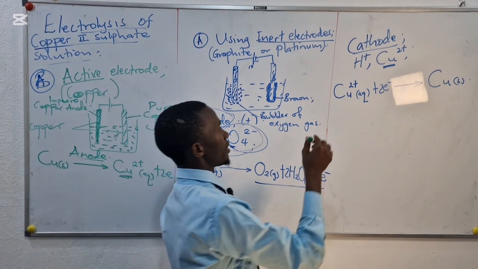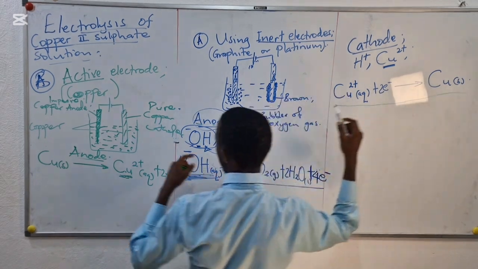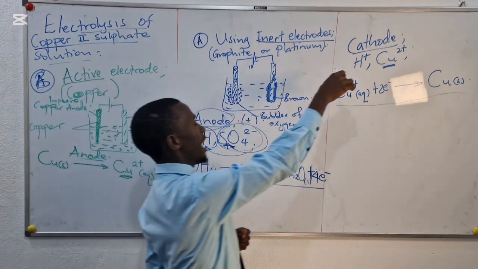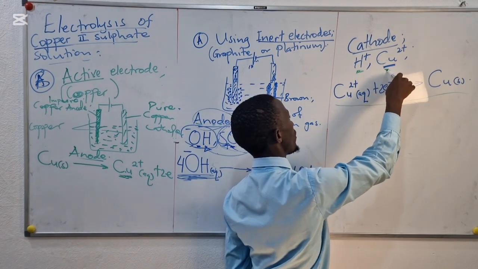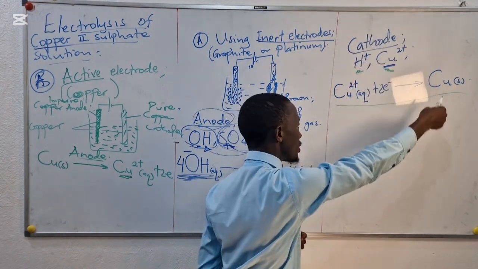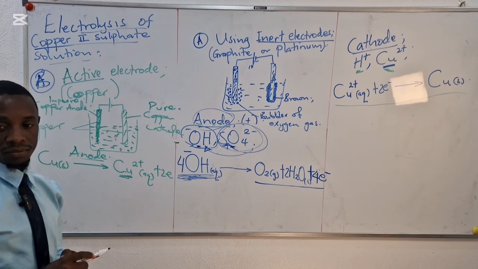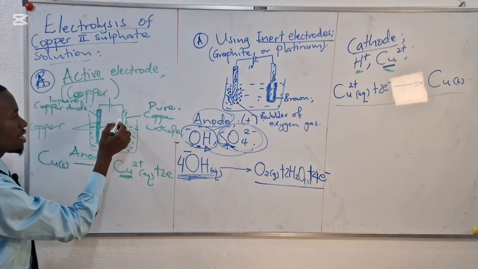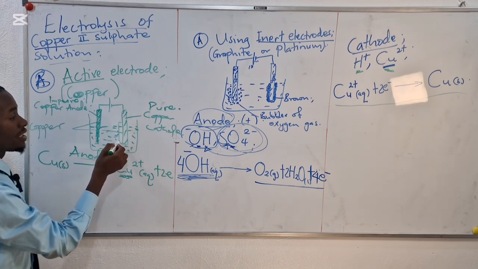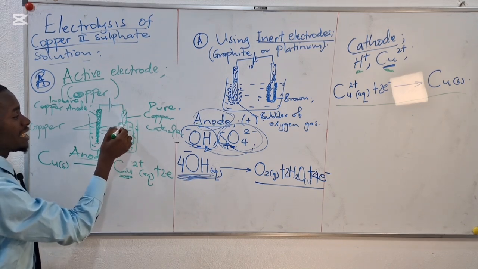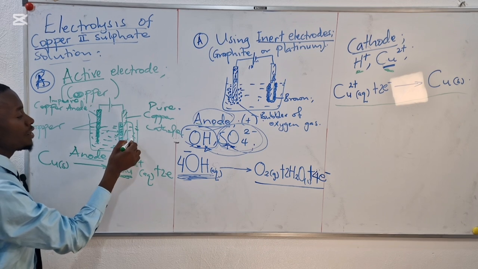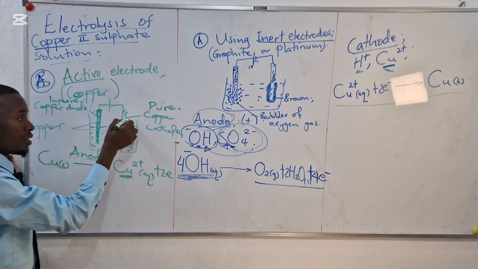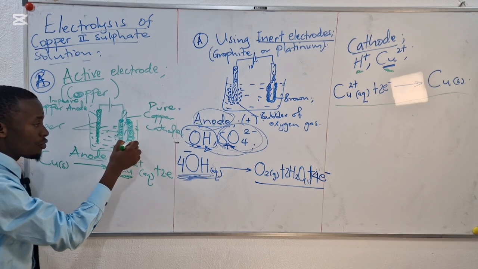And then the electrolyte will remain the same. We are using copper. Hydrogen ions and copper 2 ions will be migrating to the cathode. The copper will still be the one that is deposited around the cathode, and we shall find that there will be an increase in the size of the cathode because more of the copper is depositing around it.